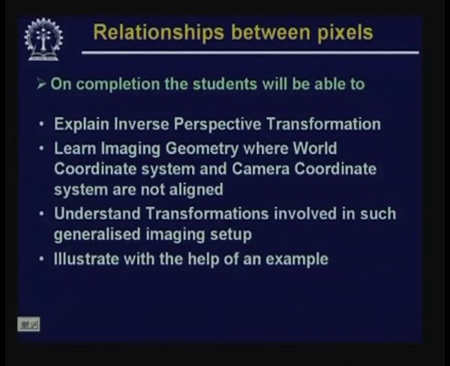Then we will also talk about the imaging geometry where the world coordinate system and the camera coordinate system are not aligned. Try to remember that in the imaging geometry we considered in the last class, we assumed that the 3-dimensional world coordinate system is aligned with the camera coordinate system.